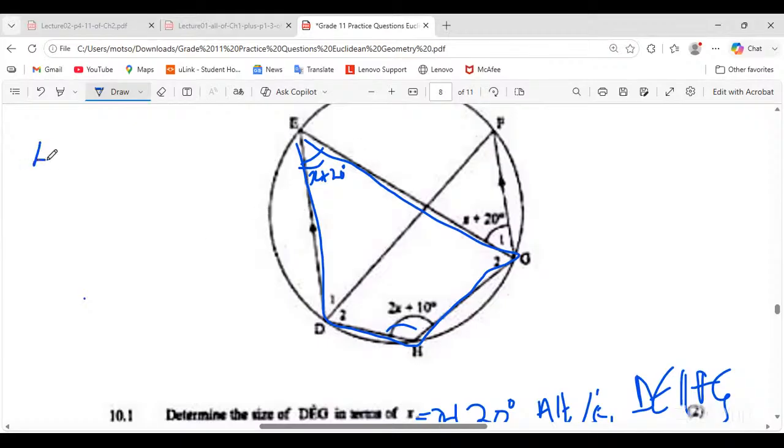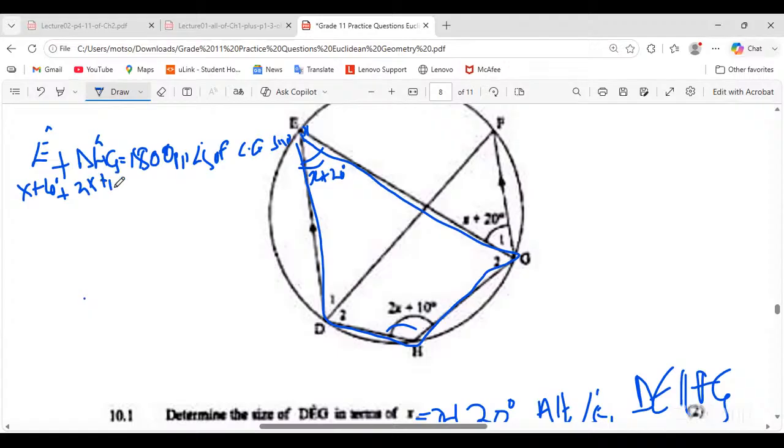We are going to say angle E plus that angle DHG is equal to 180 degrees. Then reason being opposite angles of a cyclic quad are supplementary, right? What is E? E is x plus 20 degrees. DHG is 2x plus 10.